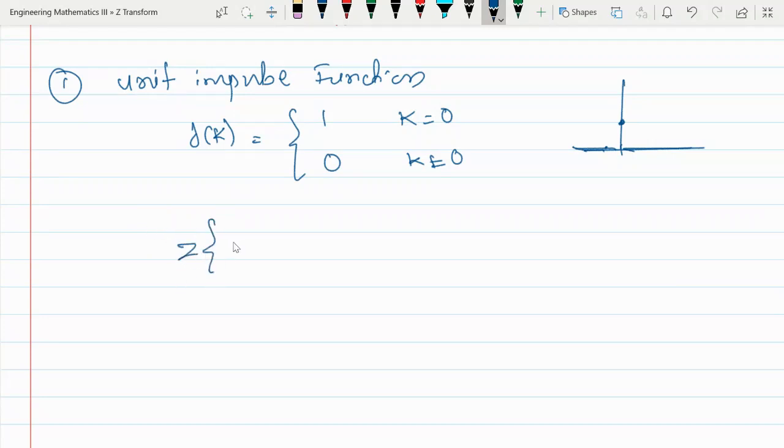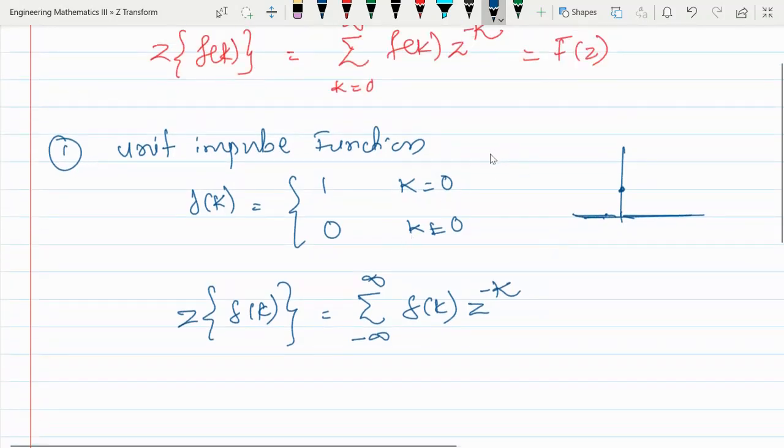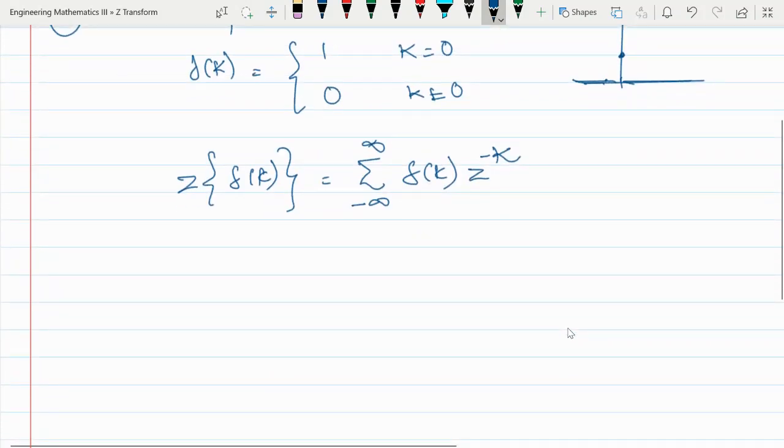So the Z transform of this delta k, the unit impulse function, is simply, if we put this in the definition, the summation from minus infinity to infinity of f of k, which is delta k, into z raised to minus k. Because we haven't specified whether k is from 0 to infinity or minus infinity to infinity, we take the usual definition from minus infinity to infinity.